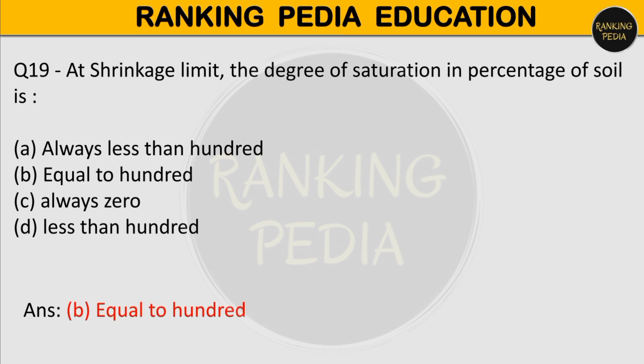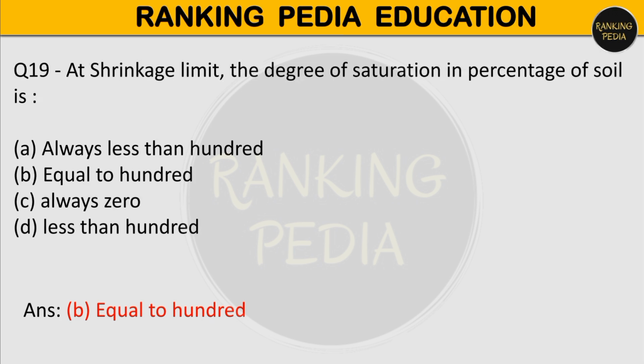Now what is shrinkage limit? It is defined as the lowest water content at which the soil is fully saturated. Okay, you have to remember this. So at shrinkage limit the degree of saturation of soil is equal to 100, that is option number B is correct.